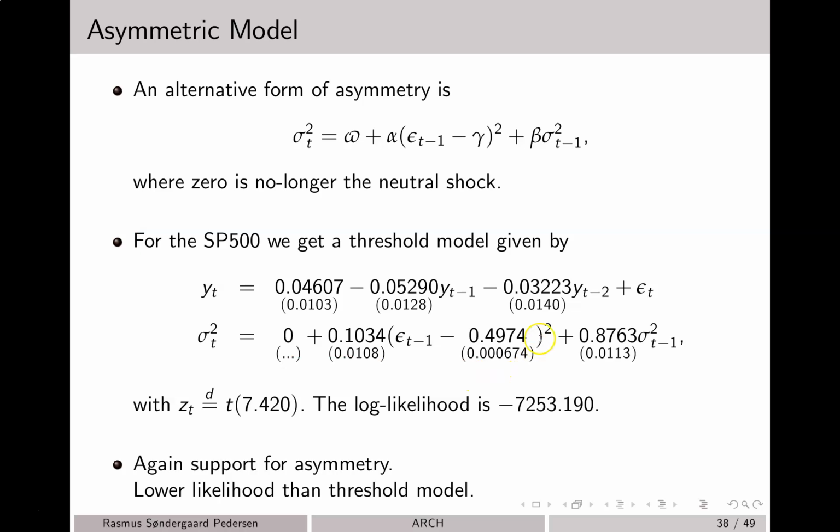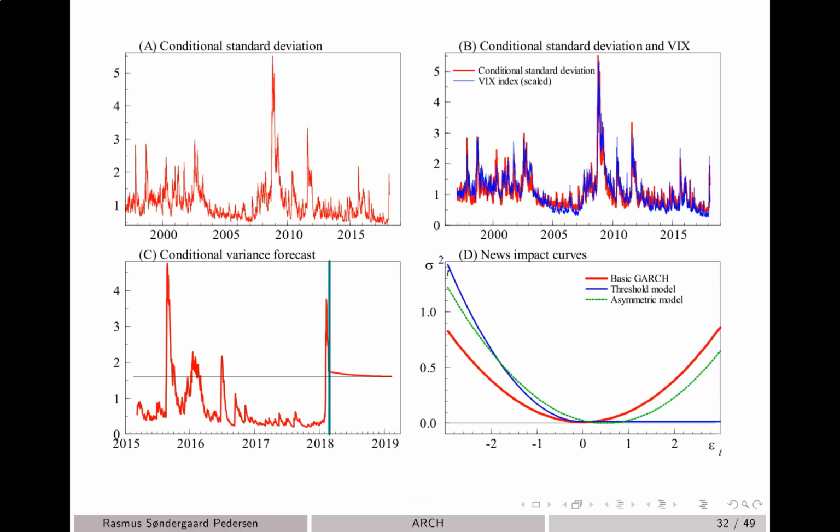Here we get a gamma that is around 0.5%. So this suggests that if we have a shock around 0.5%, this is neutral in terms of the news impact curve. We can see here that the gamma is also highly significant, so it indeed suggests that we have a significant asymmetry effect here, and we have the news impact curve again, which is given by the green curve here.